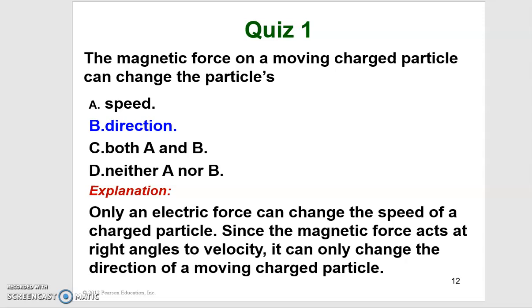They can only change the direction. They deflect it. The reason is that the force is perpendicular to the movement of the particles. The force they produce is perpendicular to the direction of motion, and based on Newton's first law, you cannot accelerate the particle in that direction.